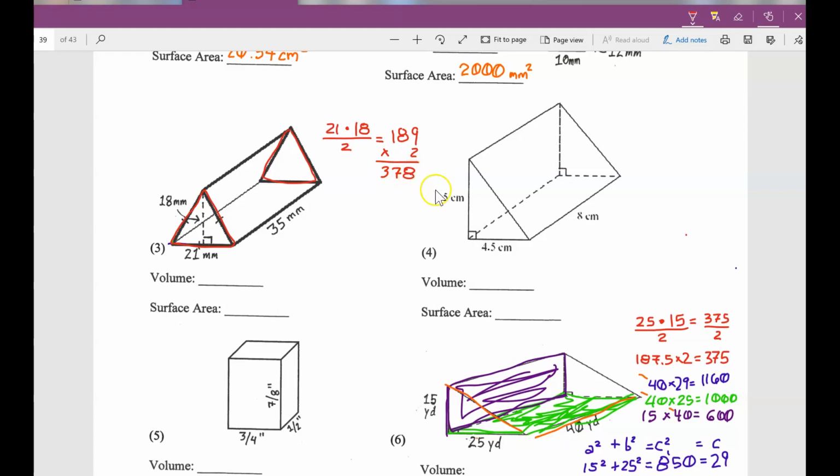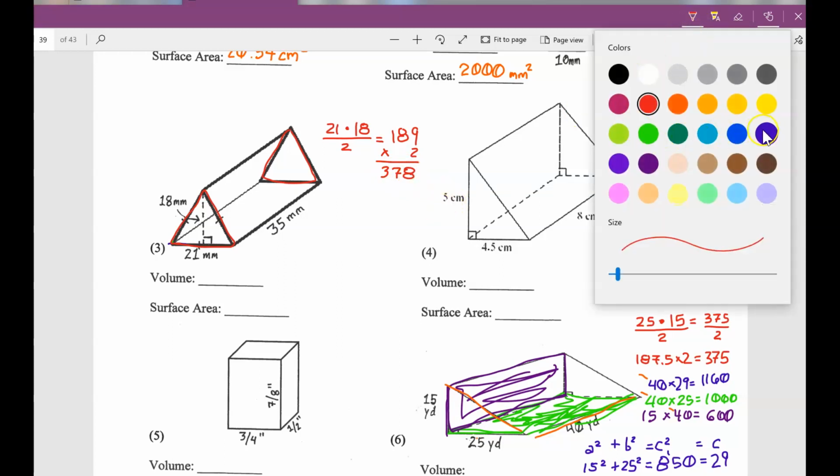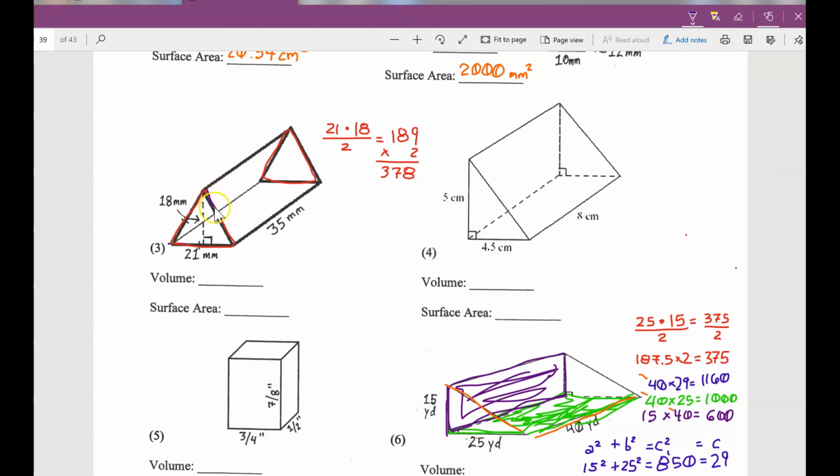378. Now, let's talk about the rectangles that connect. So we have this rectangle on the right-hand side facing us, this one here. If I color that in, it looks like a wall. Well, what are the dimensions of that rectangle going to be?